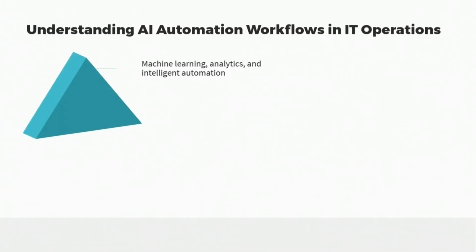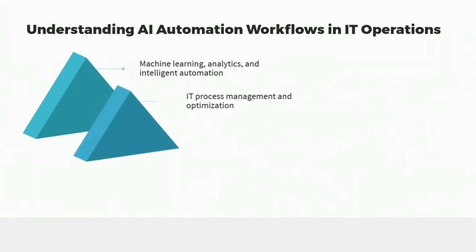Now, AI automation workflows in IT operations include various components and processes that are all aimed at optimizing IT performance and reliability. AI automation workflows leverage machine learning algorithms, advanced analytics, and intelligent automation to automate routine tasks, to optimize workflows, and to improve decision making.